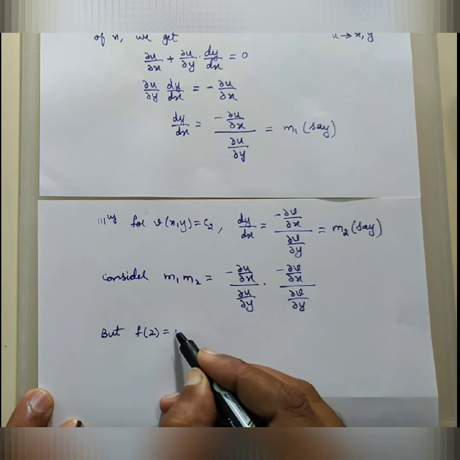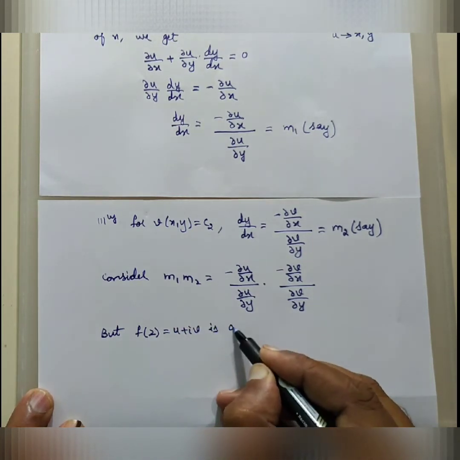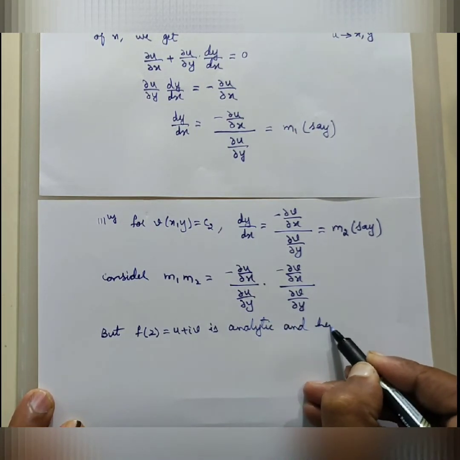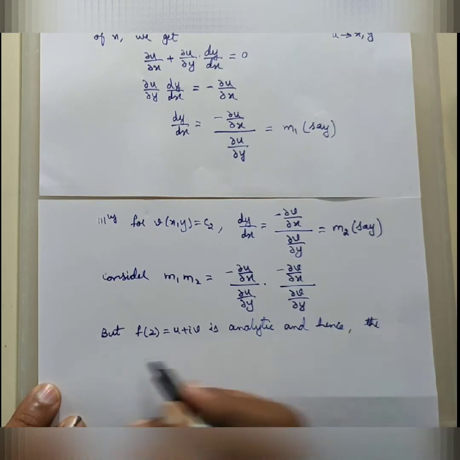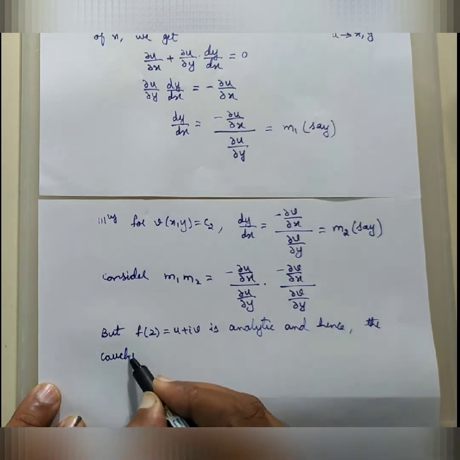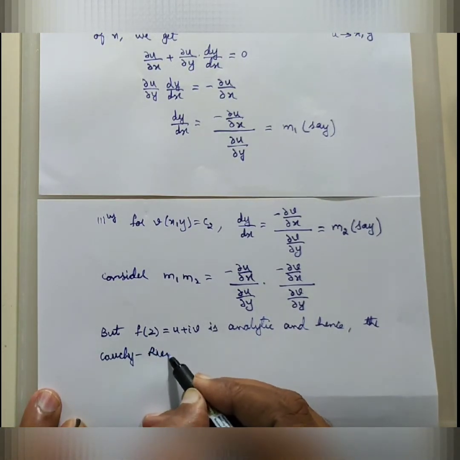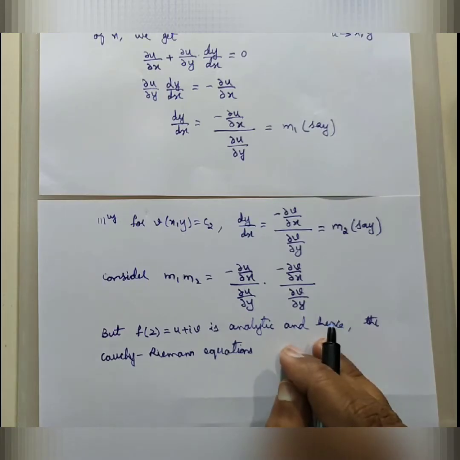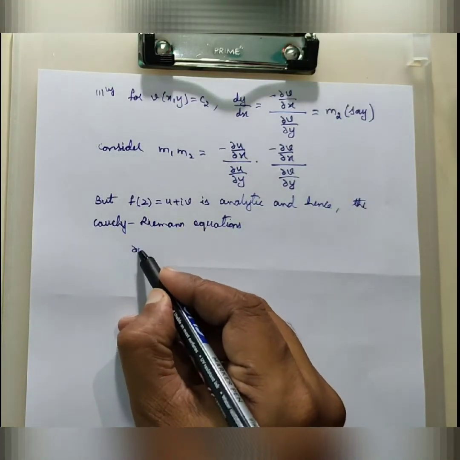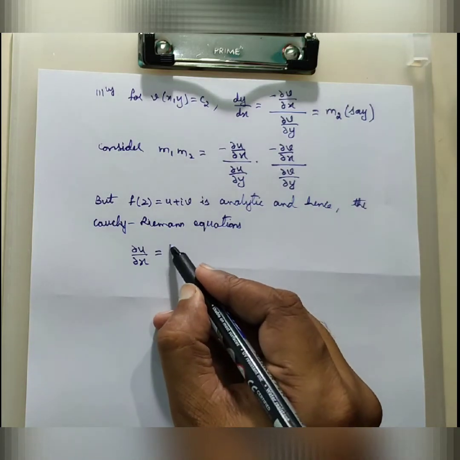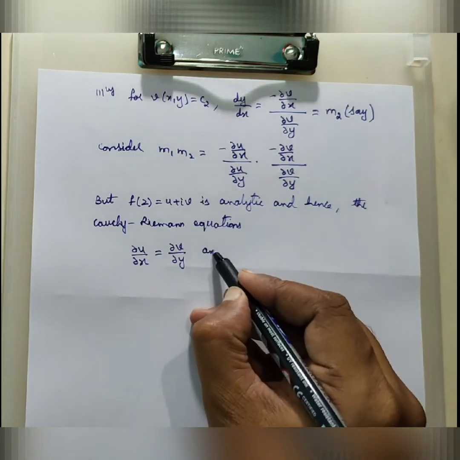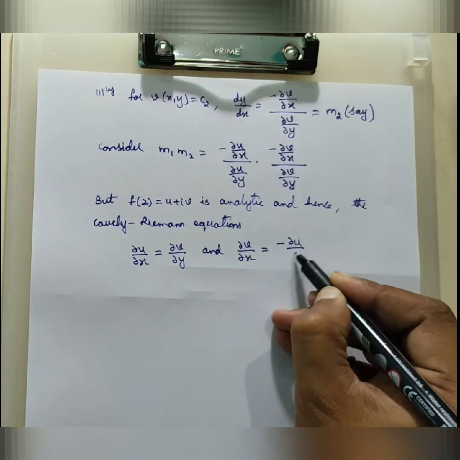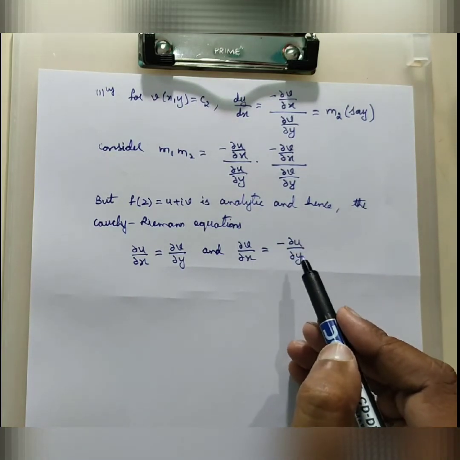Given that f of z equals u plus iv is analytic, the Cauchy-Riemann equations will be dou u by dou x equals dou v by dou y, and dou v by dou x equals minus dou u by dou y. So these are the Cauchy-Riemann equations.